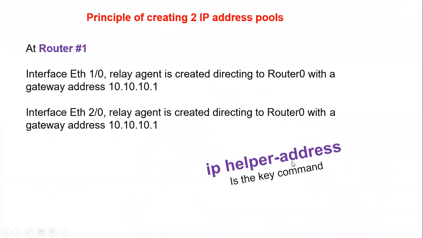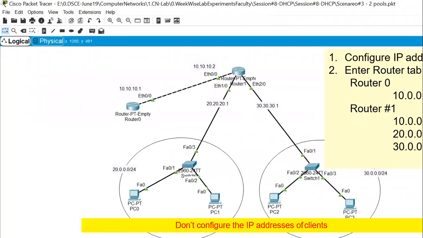So this command is important for forwarding the DHCP request. So first step is to configure all the static addresses here, and then go to the client and enable DHCP.